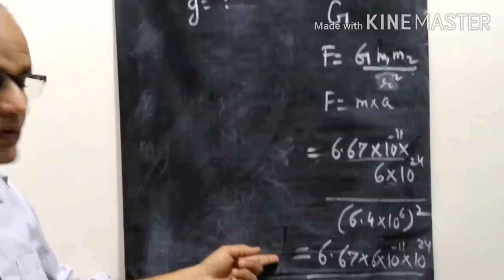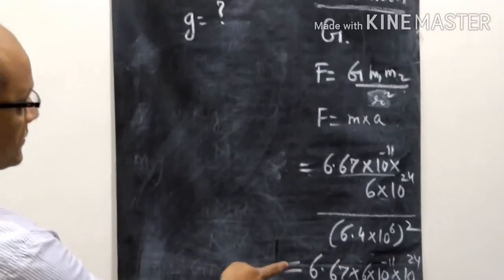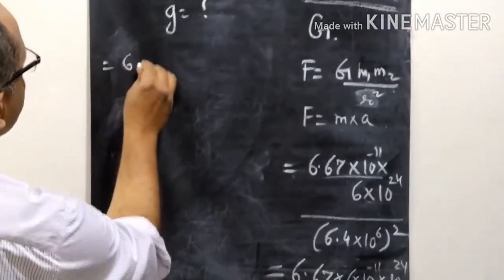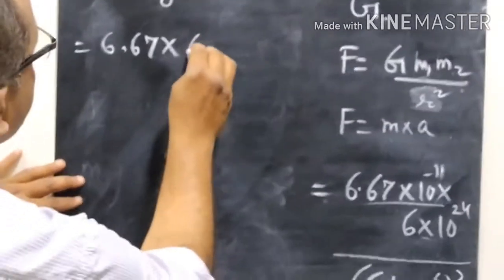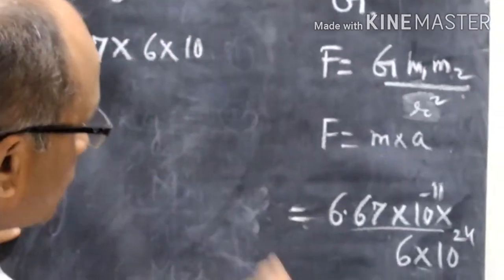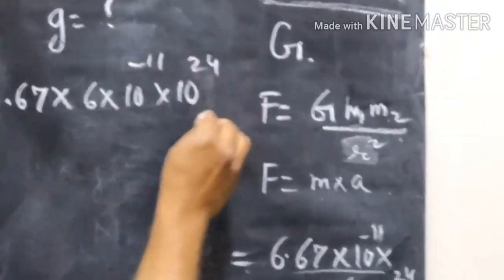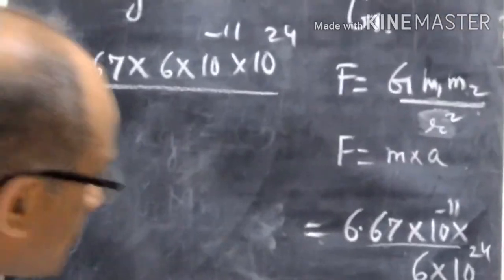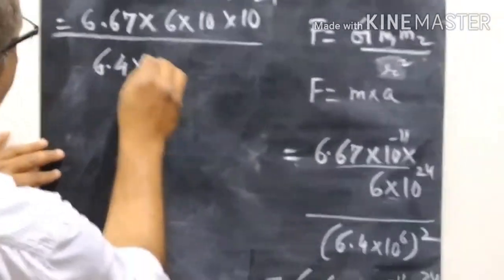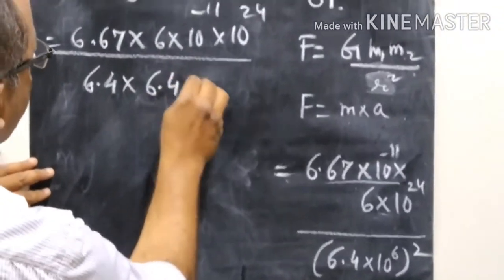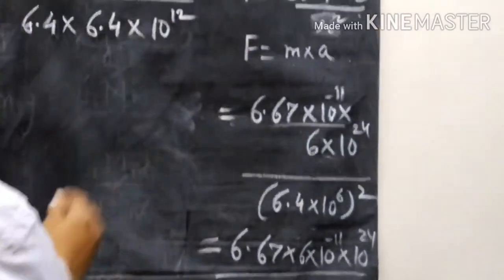You see here, now you have understood the steps. Now I will write this again: 6.67 into 6 into 10 raised to minus 11 into 10 raised to 24, upon 6.4 into 6.4 into 10 raised to 12.